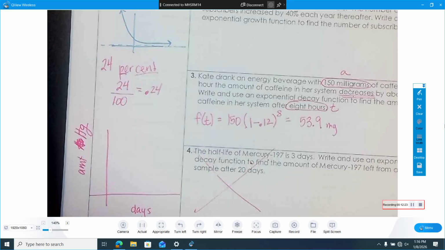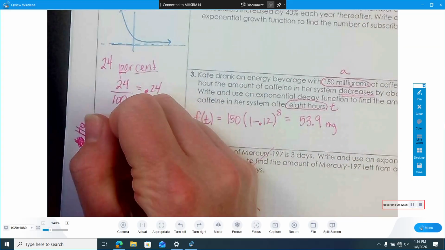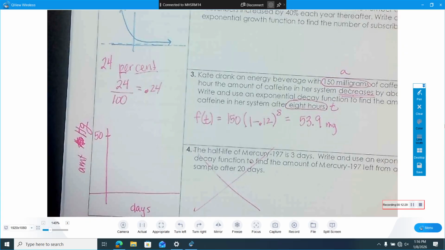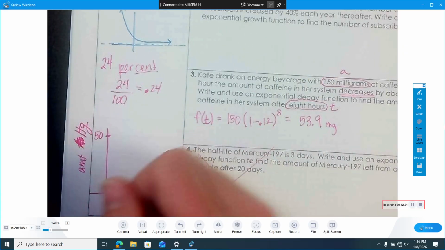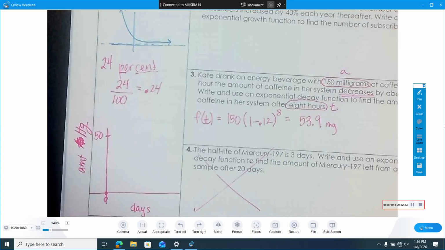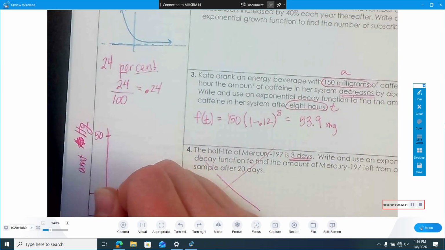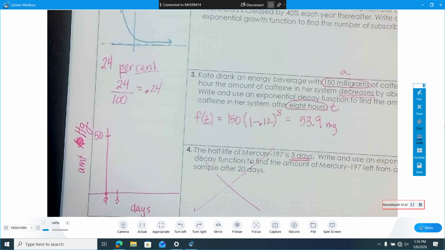Okay. So we are starting with 50 grams at 0 days. Now, what does half-life mean? It means every 3 days, so on day 3, the amount of mercury is now half what it was.